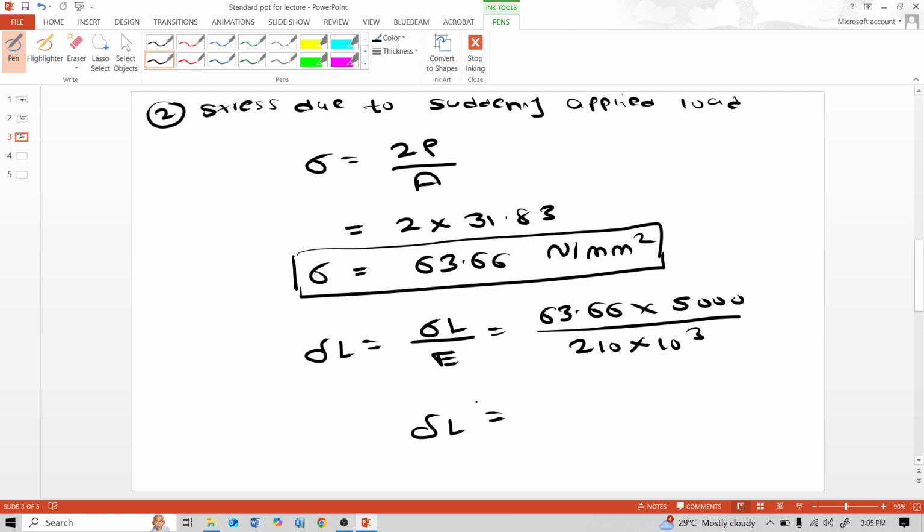So this delta L is 63.66 into 5000 divided by 210 into 10 raised to 3, which is 1.52 mm.